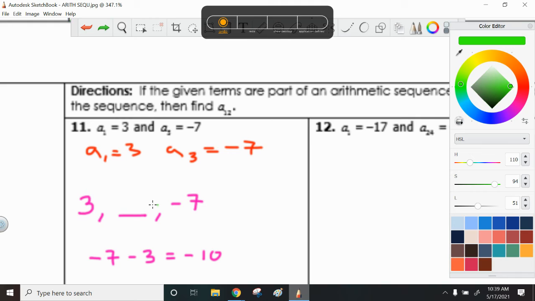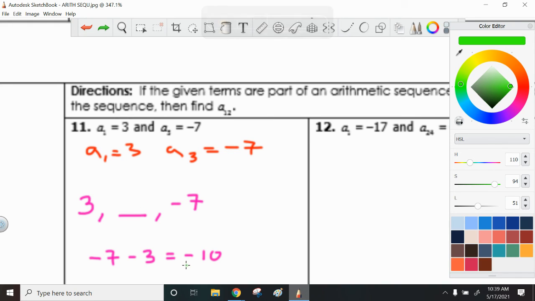So I need to take this negative 10 and divide it by how many jumps I need to make, right? I need to make 1 jump. I need to make 2 jumps. So if I take this negative 10 and divide it by 2, I'm going to get negative 5, and that is the difference that we need.